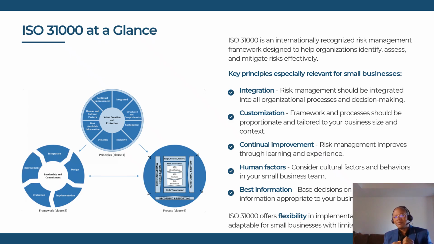If we look at clause number 5 of ISO 31000, we see leadership and commitment. I thought about this before. Without leadership commitment, it's almost impossible to implement any of the risk management frameworks. So with leadership and commitment, organizations can integrate, they can incorporate risk management in their design, they can implement, evaluate, improve, and it's a cyclical process that keeps on going right from the design phase of the business.